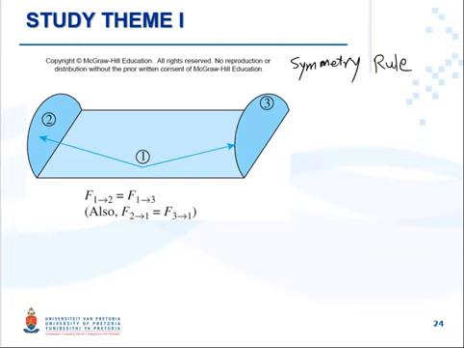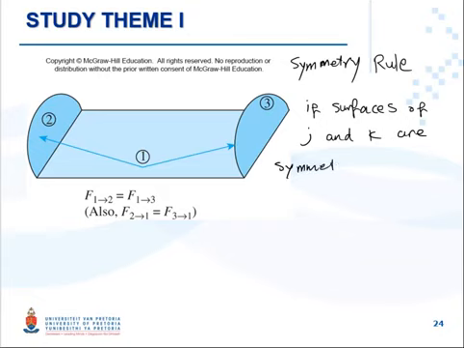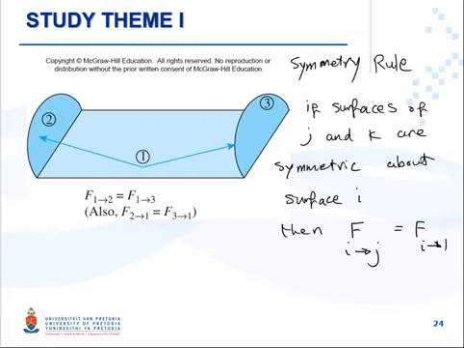Basically, the symmetry rule says that if surfaces J and K are symmetric about surface I, then F_ij is equal to F_ik.